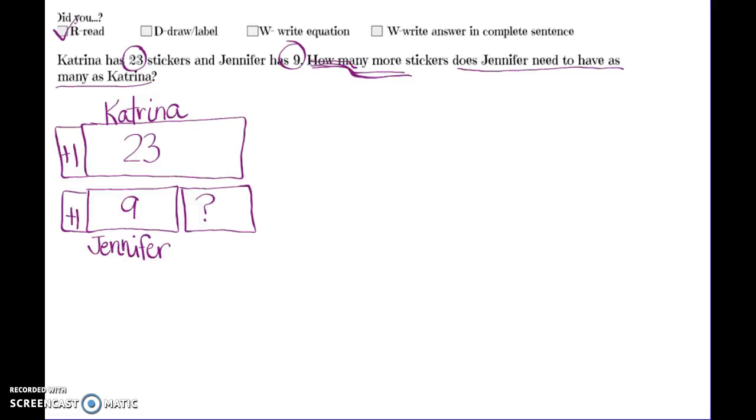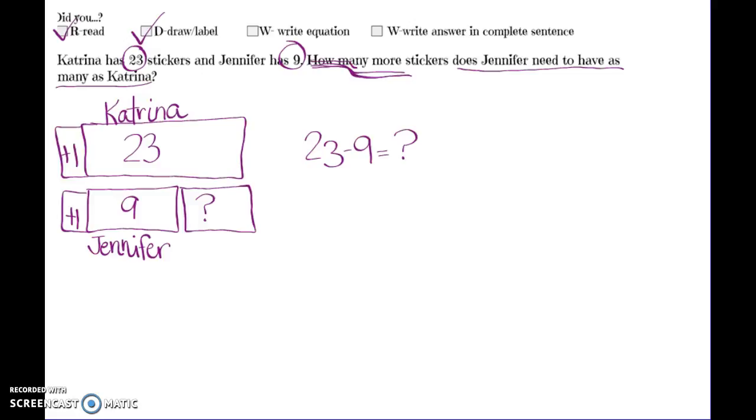So now that I have drawn and labeled my problem, let's write an equation. Before I added the 1 to 23 and 9, my equation would have looked like this. 23 minus 9 equals. Knowing that that could be a tricky problem to solve, I wanted to make an easy 10.